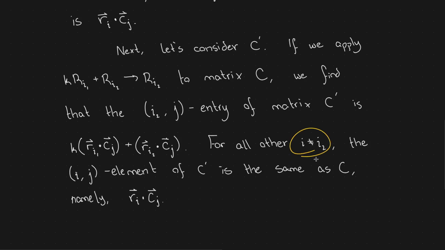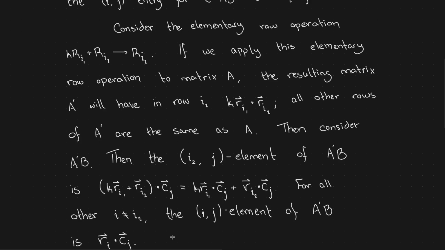For all i not equal to i2, if we look at element ij in matrix C prime, we have the same thing, r_i dot c_j. Okay? The real interesting thing is the row that we apply the elementary row operation in. So if we look at each entry in row i2 in column j, so the i2 comma j element, then each entry there has this form: some constant k times r_i1 dot c_j plus r_i2 dot c_j. Okay?